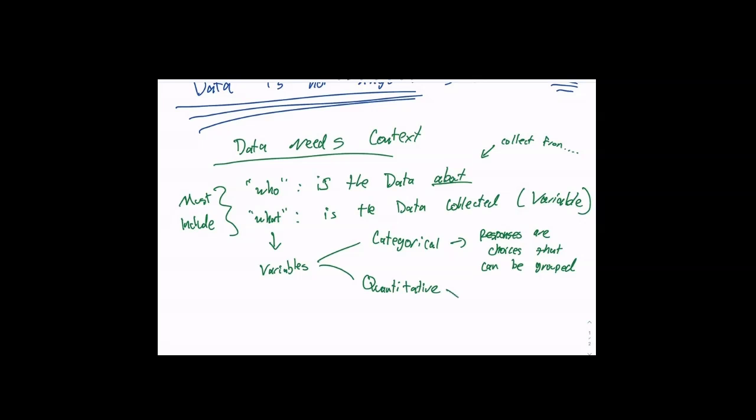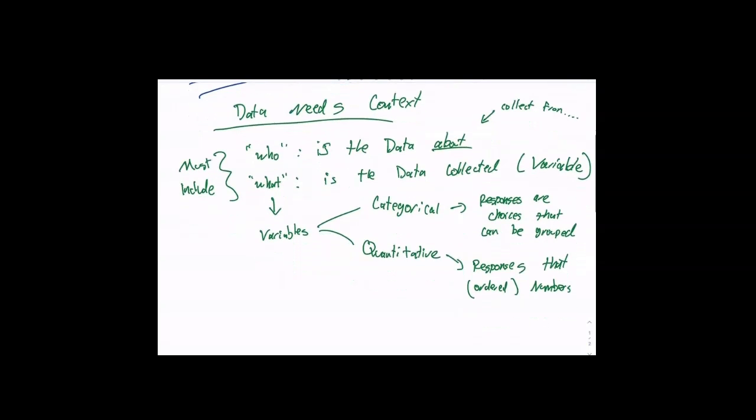Quantitative are responses that are ordered, numbers. And when I say ordered, it really means that one is less than two.